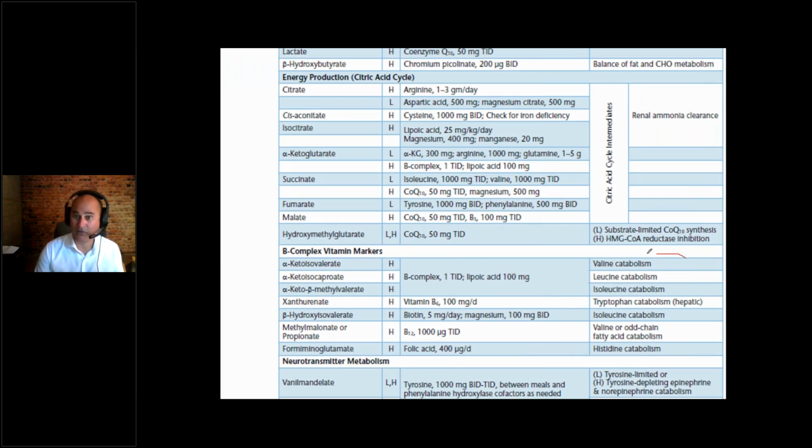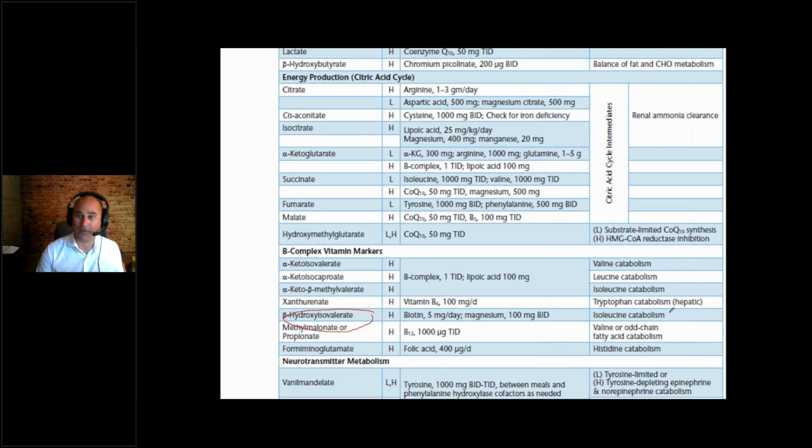In fact, it shows over here which ones. So for example, these markers on the organic acids test help us metabolize or break down valine, leucine, and isoleucine, branched chain amino acids. Xanthurenate helps us break down tryptophan, an amino acid.